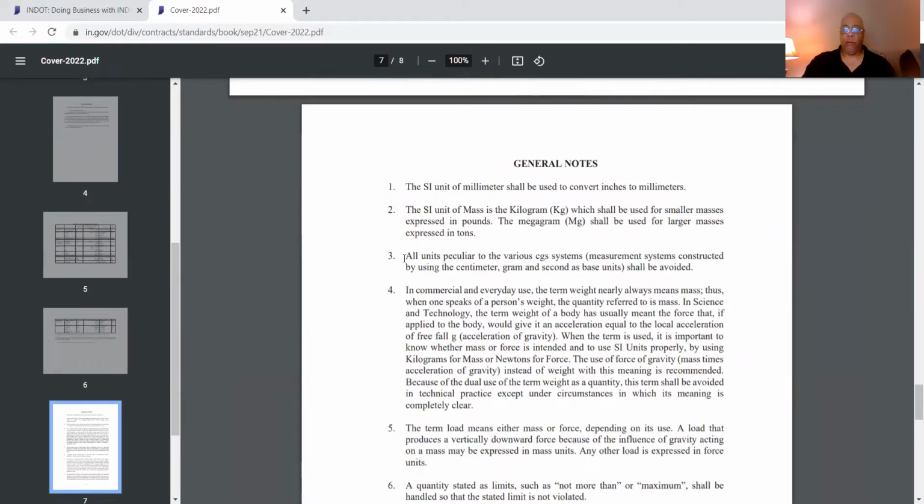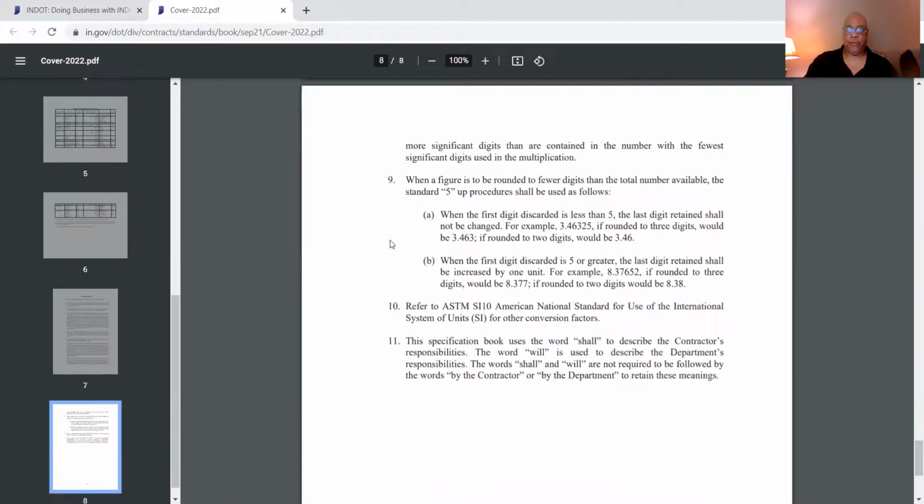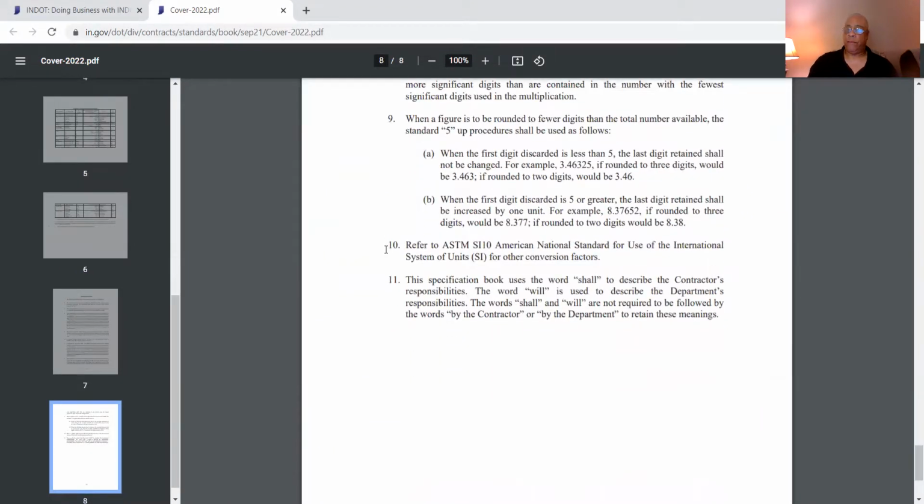You have your general notes. Your general notes have some information that you need to know, because you're going to have to use these specifications. Again, when I told you earlier about sources, well, you have one.